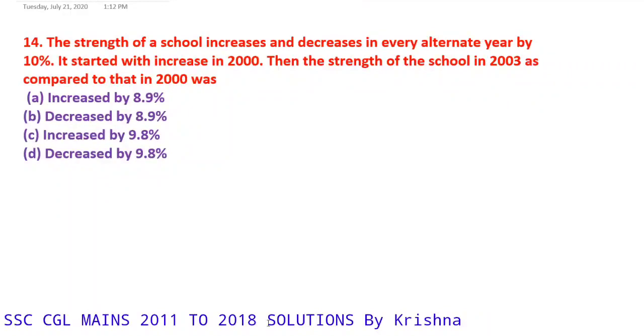The strength of a school increases and decreases in every alternate year by 10%. It started with an increase in 2000. Then the strength of the school in 2003 as compared to that in 2000 was? So here the percentage is increasing and decreasing alternately, and by how much? 10%.